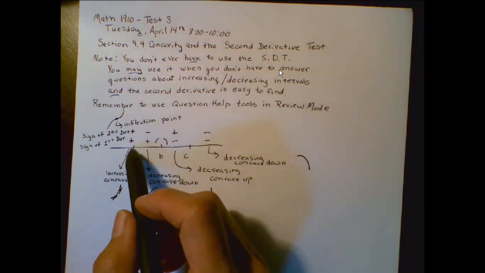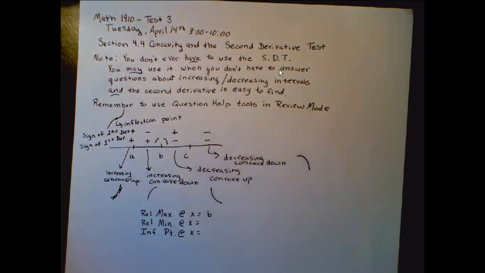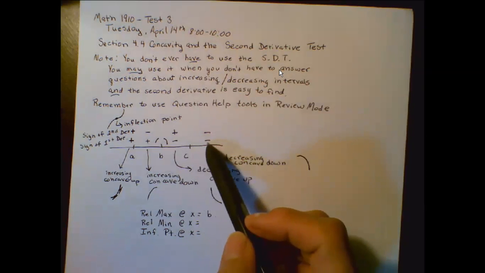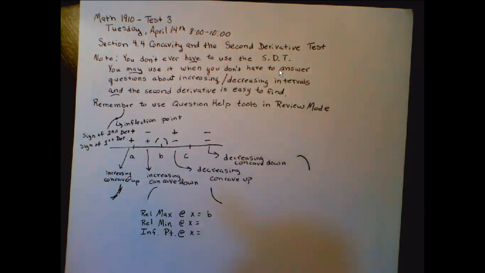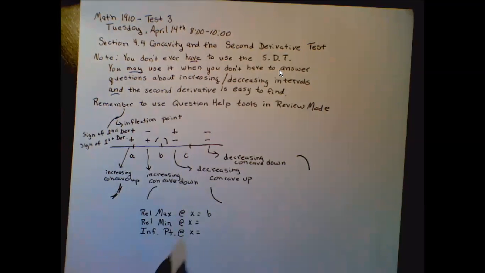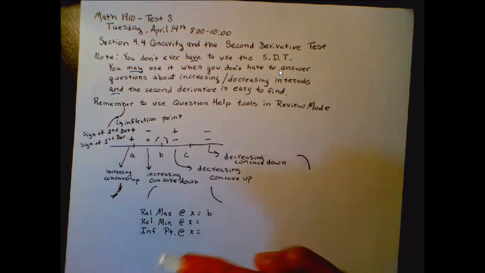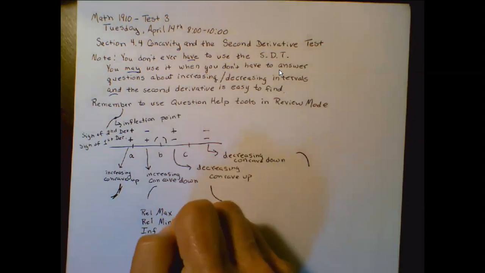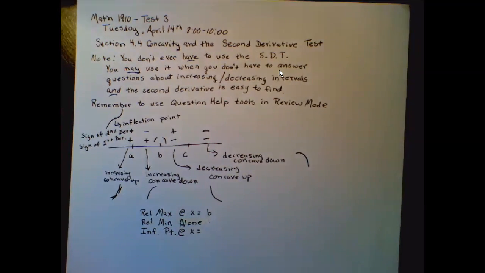Is there going to be a relative max if the function's going uphill and it keeps going uphill? No. And not if it's going downhill and keeps going downhill. There's only relative max and min where the sign of the first derivative changes. So there's a relative max at B, but no relative min on that graph.